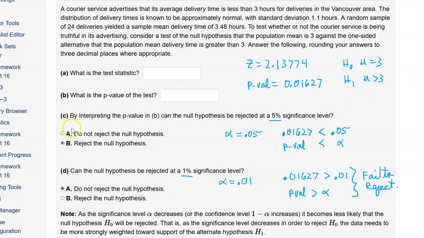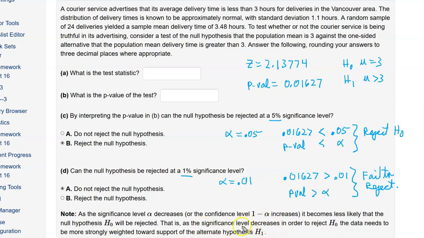And just take note of something down here. You see the difference between these two, the 5% and the 1%. As your significance level decreases, so we went from 0.05 to 0.01, it becomes less likely that the null hypothesis will be rejected. So you see here we did reject the null hypothesis, and here we failed to reject the null hypothesis.